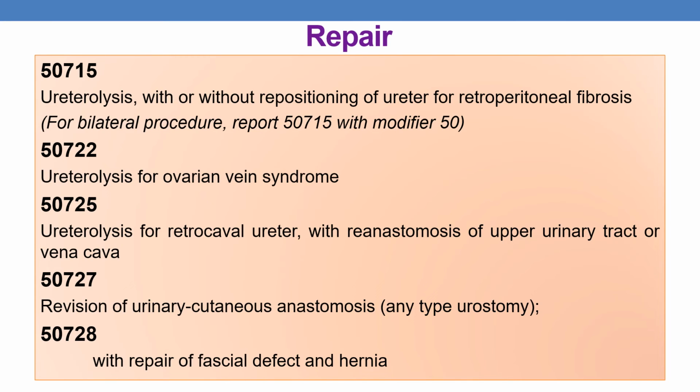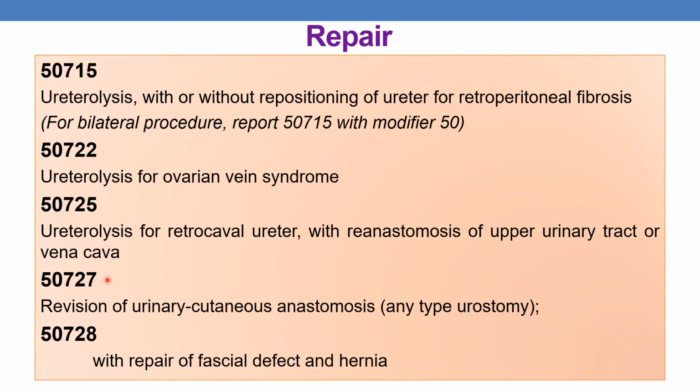The next CPT is 50715. Ureterolysis with or without repositioning of ureter for retroperitoneal fibrosis. And for bilateral procedure, report 50715 with modifier 50. The next is 50722, ureterolysis for ovarian vein syndrome. The next is 50725, ureterolysis for retrocaval ureter with reanastomosis of upper urinary tract or vena cava.